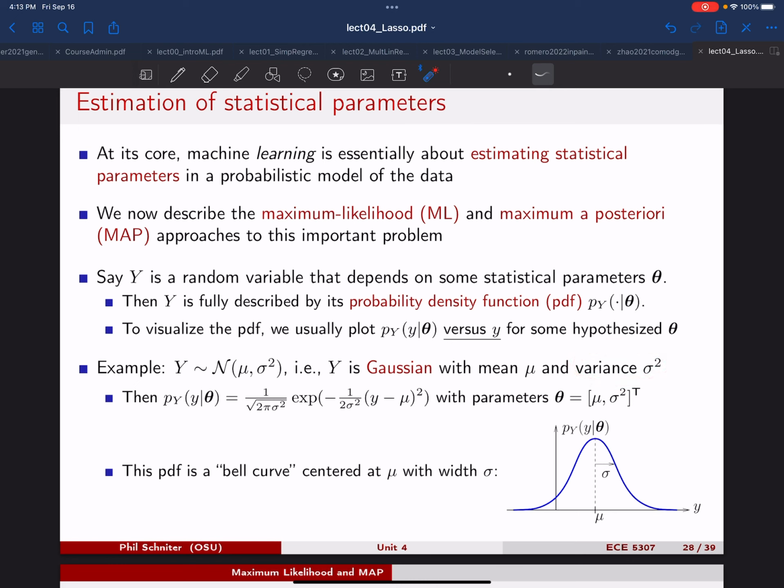If you tell me those two things and that it's Gaussian, then I know exactly what the distribution is, because those are the only two parameters that affect a Gaussian, right? So we have a random variable, in this case Gaussian with these two parameters. Hopefully that's a pretty familiar concept. We have this bell curve and so on.